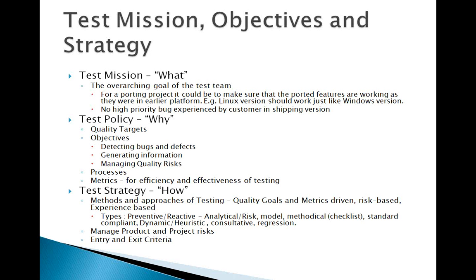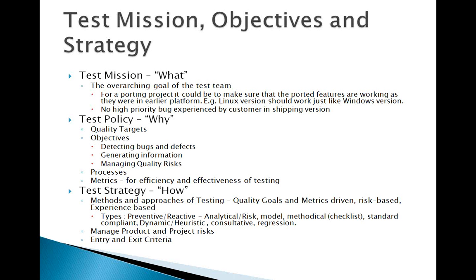So the number of bugs that you were expecting is much higher than what you anticipated, and hence the time estimate that you did for finding bugs, logging bugs, and closure of the bugs is, let's say, almost double of what you anticipated. So that's a product risk. Project risk is like a management decision to add another platform for test coverage without extending the final shipping date. These kind of things.